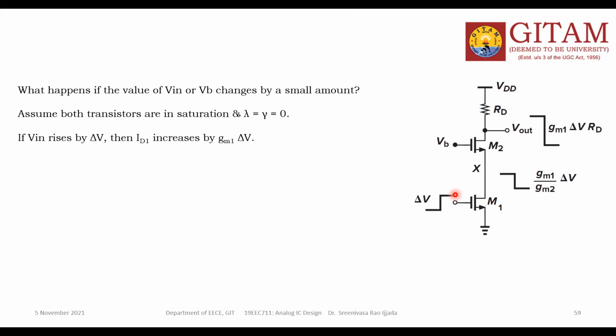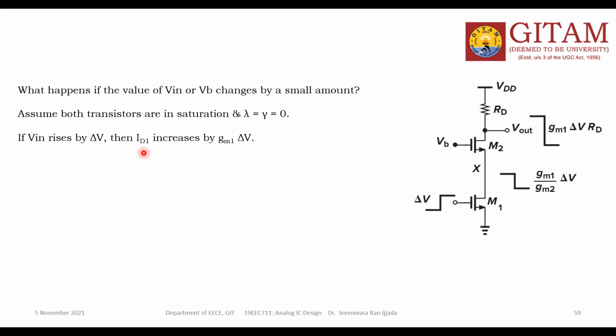That is the role of M1, as it is a CS amplifier or CS stage. If Vin is raised by delta V, the current flowing in M1 is ID1 and the current flowing in the second transistor is ID2. Of course, both are connected in series, so ID1 and ID2 are the same, but we'll discuss this equality condition later.